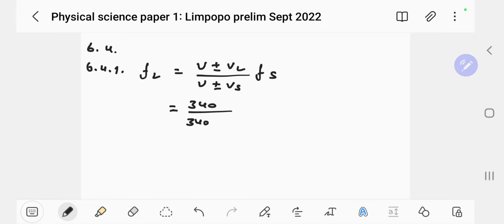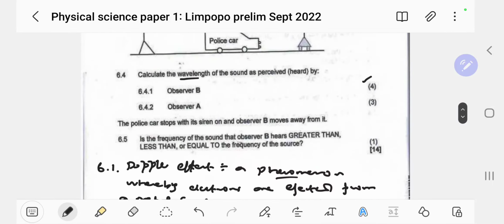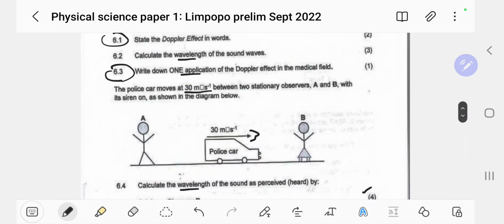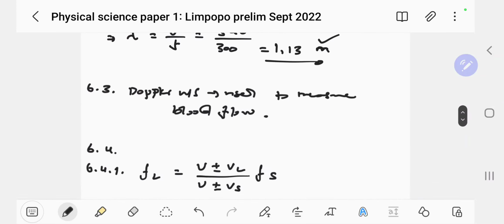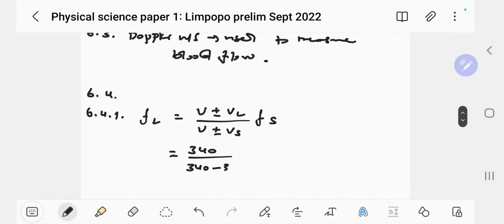Remember, the source is moving towards the listener, so the listener is going to hear more. So in a nutshell, this one must be a minus. What was the speed of the source? It's 30 meters per second. So we say minus 30.